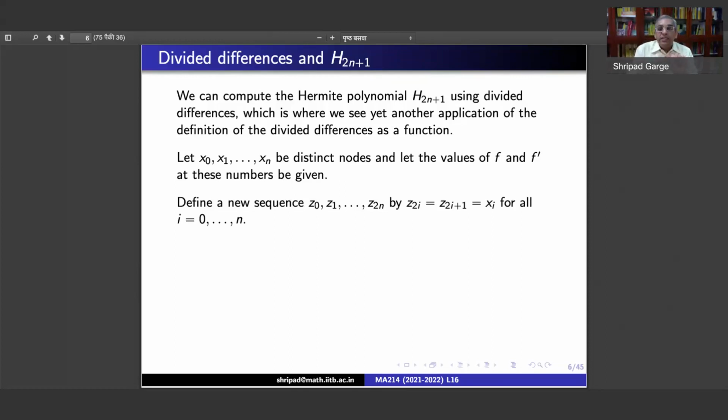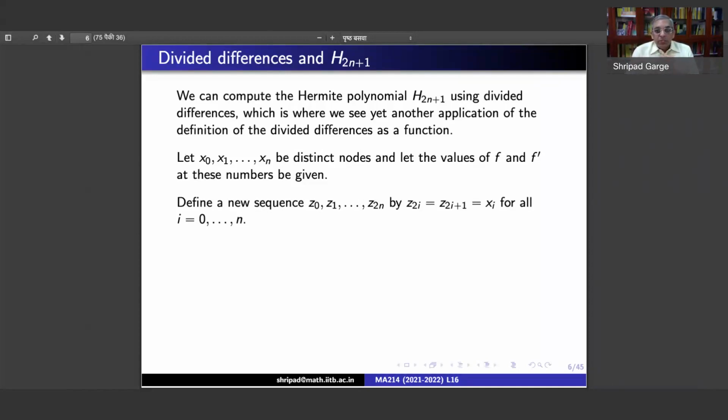So our Z_{2i} and Z_{2i+1} will be the same, and they will be equal to Xi for each i going from 0 to n. So these nodes, which are no more distinct now, read Z0 equal to X0, Z1 equal to X0, Z2 equal to X1, Z3 equal to X1, and so on, Z_{2n} equal to Z_{2n+1} equal to Xn.